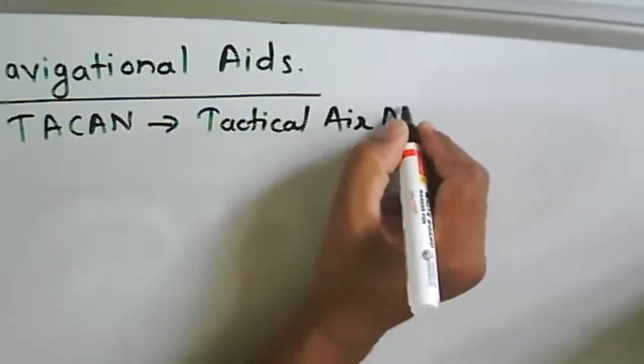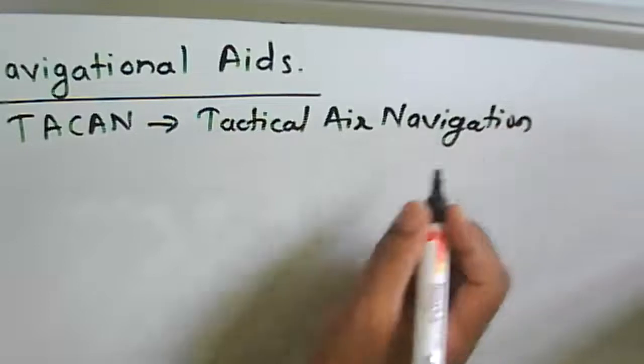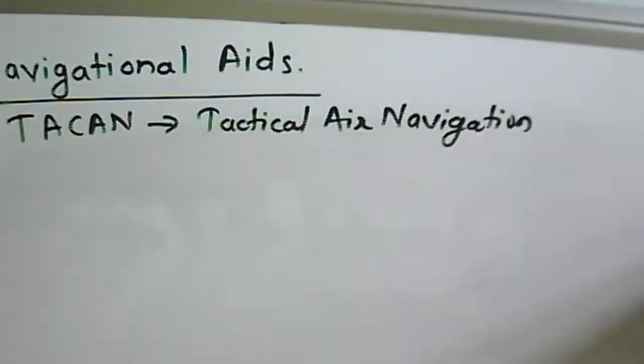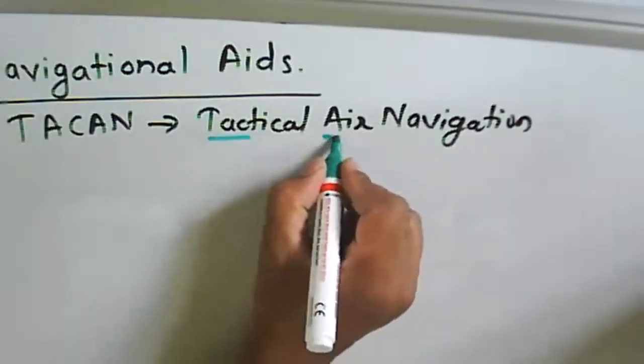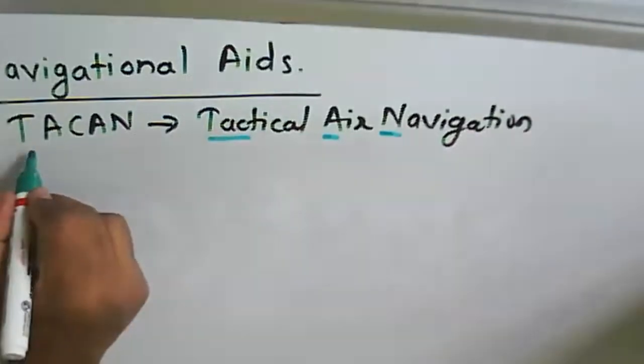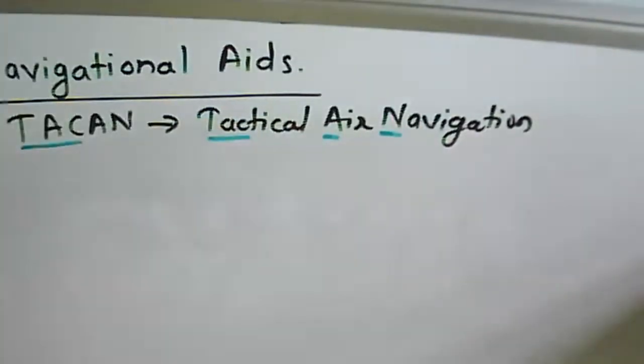TACAN: TAC is tactical, A is air, and N is navigation. And this navigation system is mostly used by military aircraft.